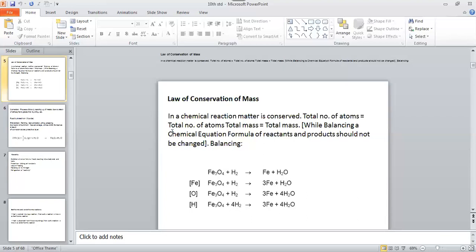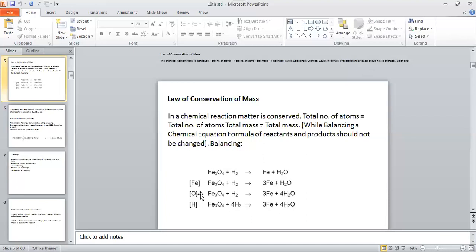Then chemical equation balancing. Here one example is taken, showing how equations are balanced. Remember always that while balancing an equation, first balance the metals, then balance non-metals, then balance oxygen, and then balance hydrogen.